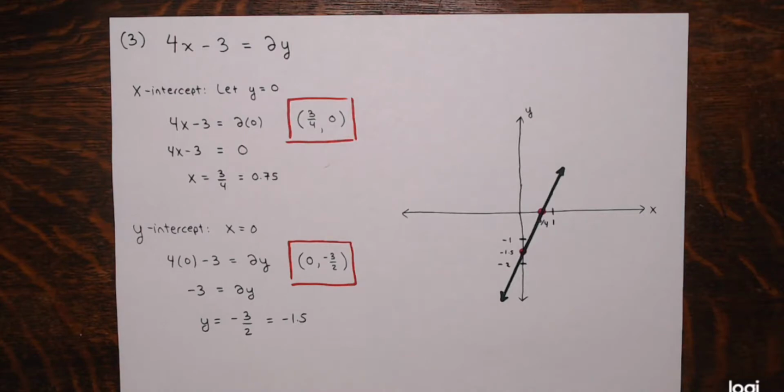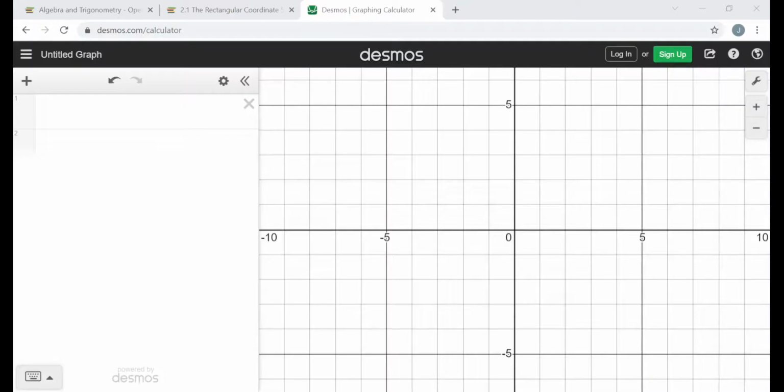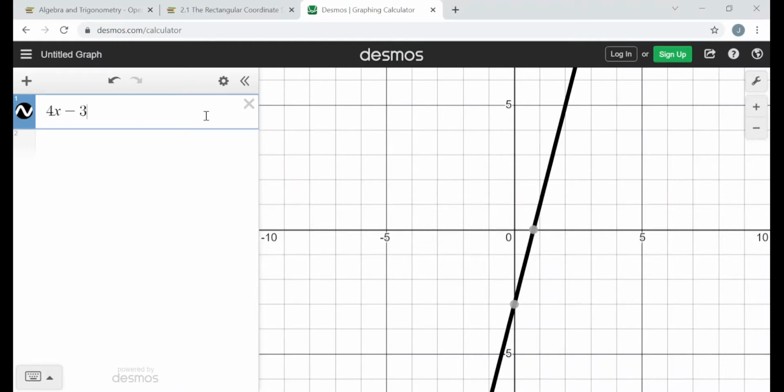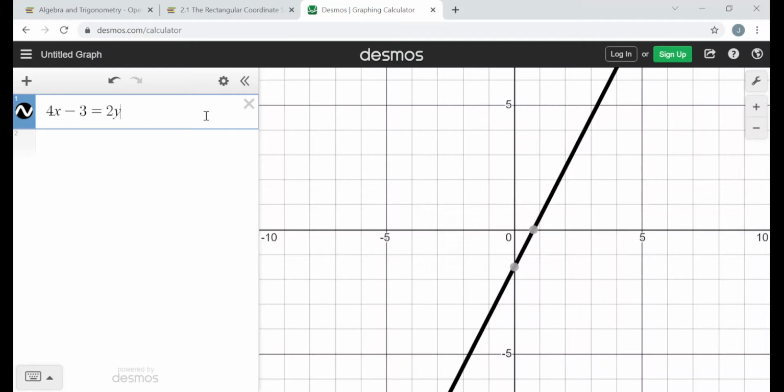Alright, and again, let's verify our work. You should always be checking your work. So once again, I'm just going to, off to the side here, enter the equation the way they gave it to us, right? 4x minus 3 equals 2y. And look at the intercepts, right? The x-intercept, 0.75, comma 0, 3/4, 0, exactly what I had on paper.